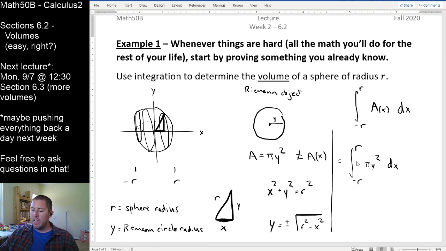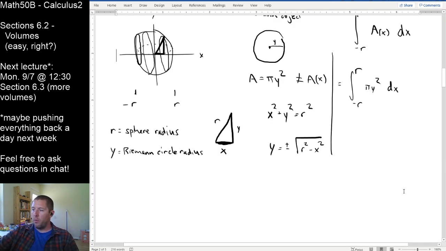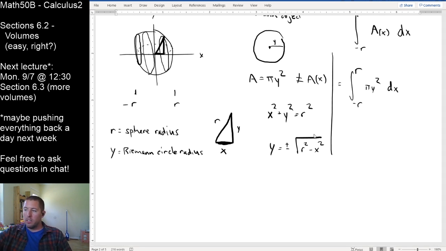So we're accumulating dx stuff. And so I really want to rewrite that y the way that we just found out how. Now notice here, we're looking to square y, and y is a square root term. So really this square here and this square root here are going to cancel. And it looks like we're looking at the integral from negative r to r of pi times r squared minus x squared dx.